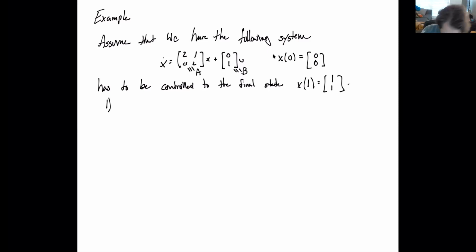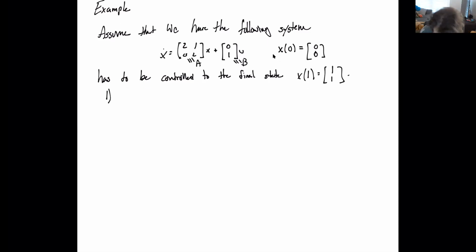The first step is to find the state transition matrix. I'm not going to find that for you, I'm just going to list it out. But we can use MATLAB to determine the state transition matrix. I mentioned at one point that there's a function called expm, or matrix exponential. You can define your matrix A and multiply it by t minus tau, and this will give you your exponential matrix.